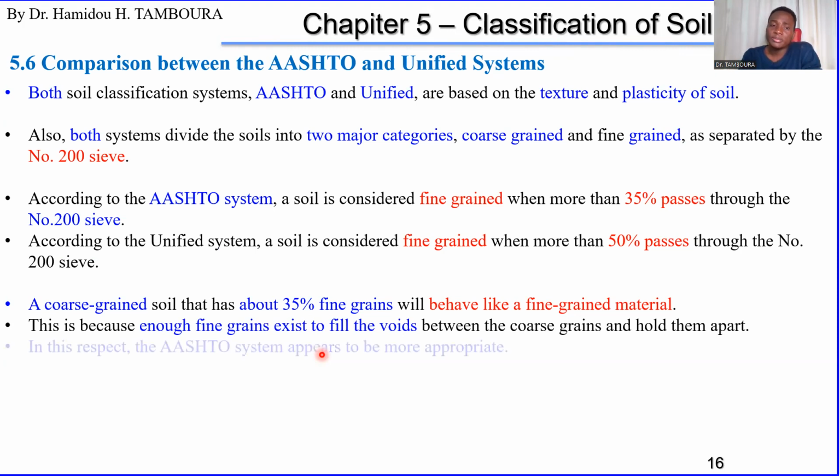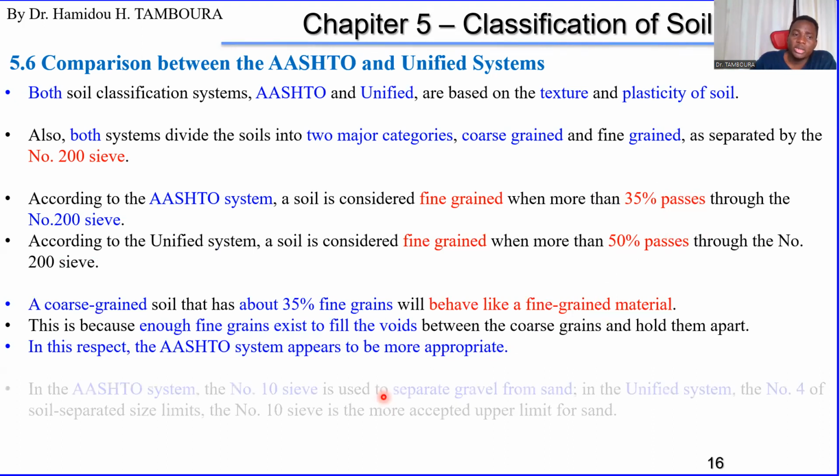And because of that, we can consider that the AASHTO system is more appropriate, because the AASHTO system is considering that once the percentage of fine is more than 55%, it is fine-grained soil.